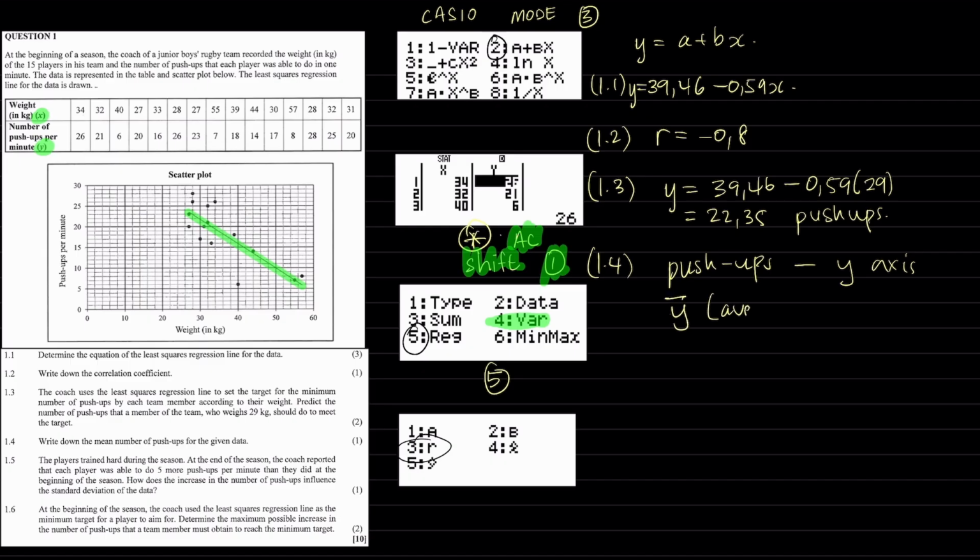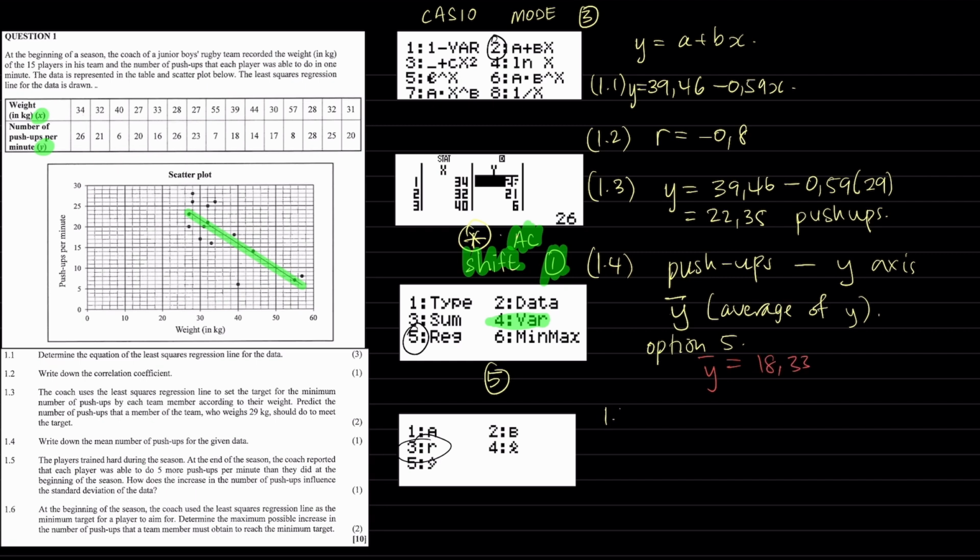This means average of Y. Y bar is option number 5. And so the answer here, I'm going to write it in orange. The answer is 18. So Y bar is equal to 18.33.